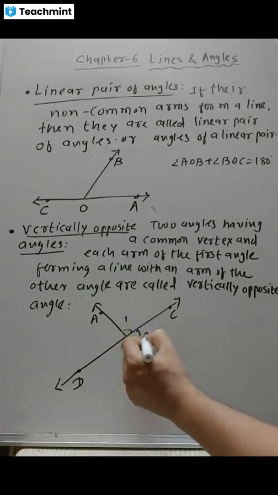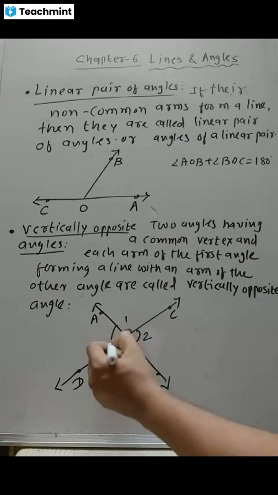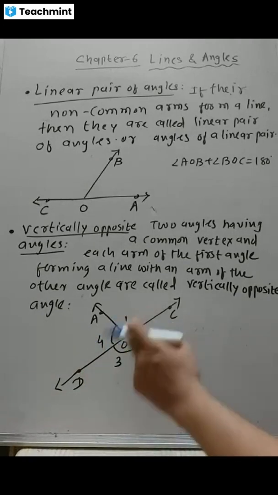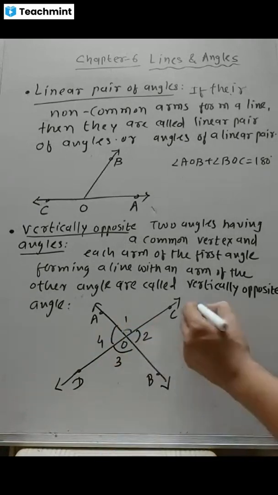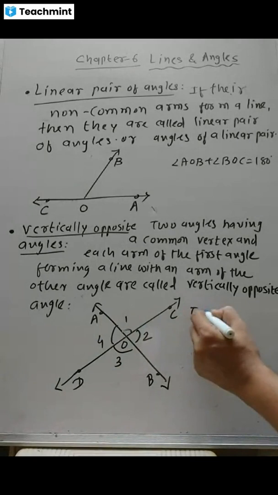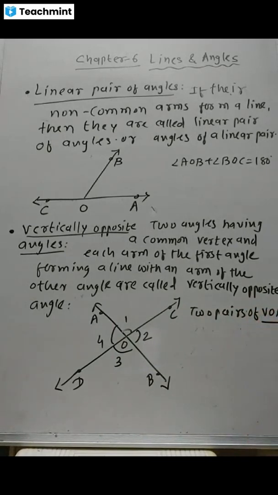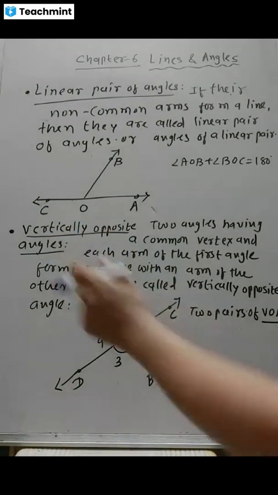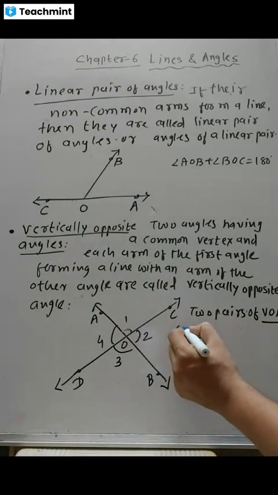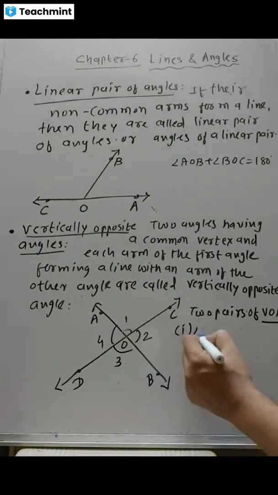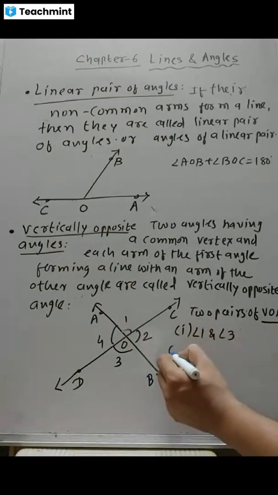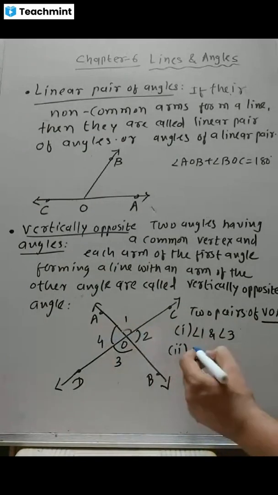Angle 1 and angle 3 are both opposite angles, and angle 2 and angle 4 are both opposite angles. So there are two pairs of vertically opposite angles, VOA. First is angle 1 and angle 3, second is angle 2 and angle 4.